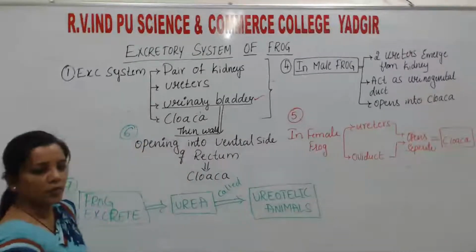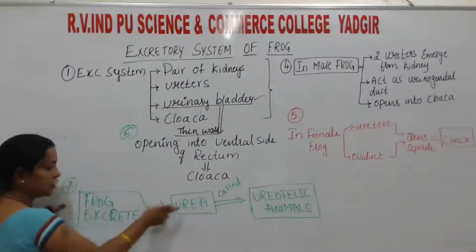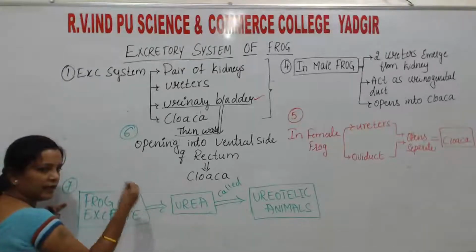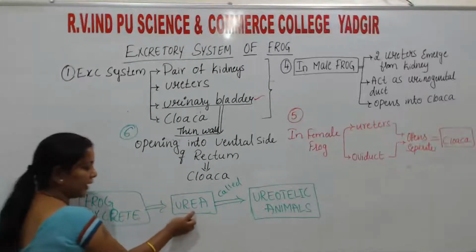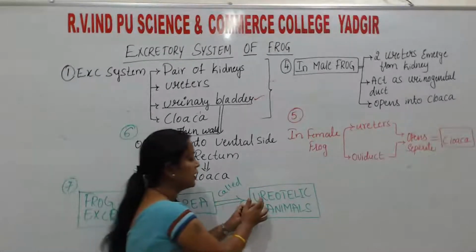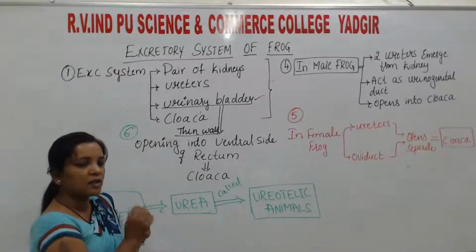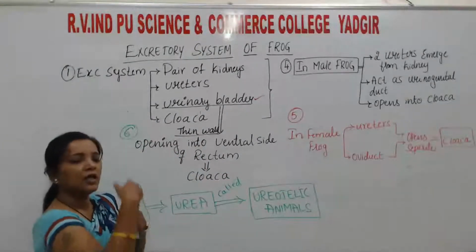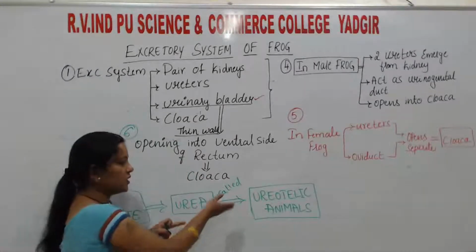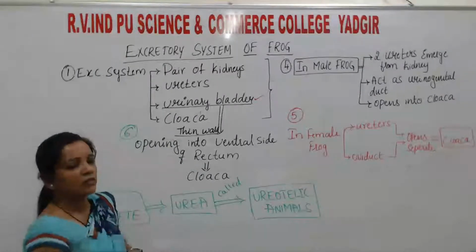This is another point you have to remember: frog excretes urea, and any animal that excretes urea is considered a ureotelic animal. Fishes and water animals excrete ammonia, so they are ammonotelic animals.